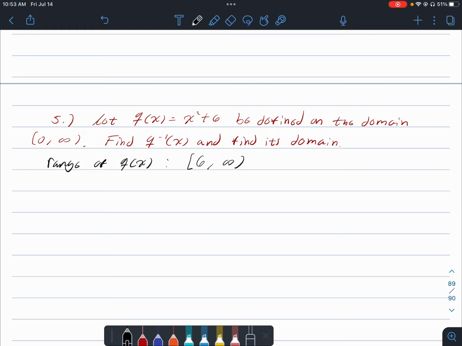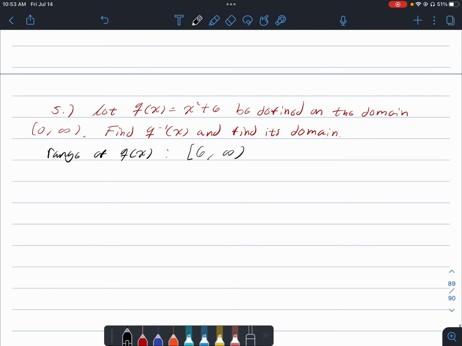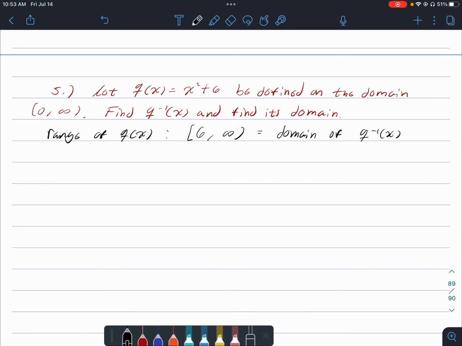So we can pick any value we want and go as high as we want. So we know the highest value, I guess, would be infinity. We can go off forever. All right. And this is also going to be the domain of q inverse of x.